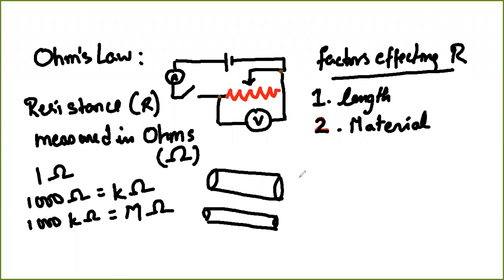So I'm looking at the cross section. So this is A and this is A upon 2. If this is resistance R1 and this is resistance R2, which do you think will have greater resistance?